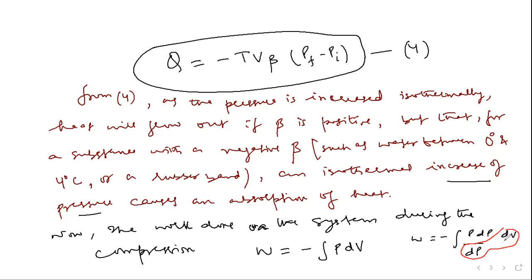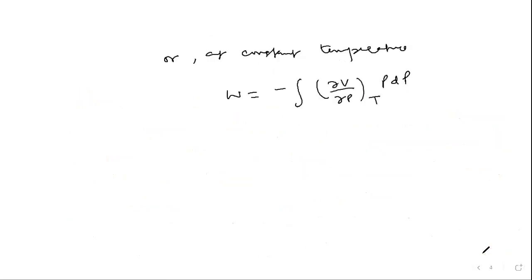If temperature is held constant, the total derivative of volume with respect to pressure will become just a partial derivative, right? So we have written this, right?